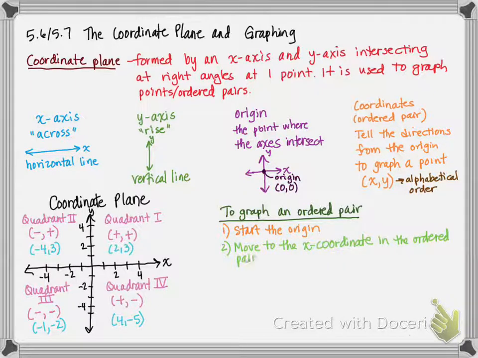You're not going to mark anything yet, okay? Then, from that x value, so you're still hovering there at that x value, you're going to move to the y coordinate in the ordered pair.